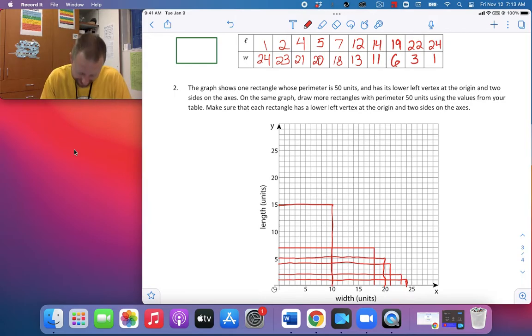12, 13 is our next one. So there's 10, 11. Here's 12. Ooh, too long. So what we got? Here's 10, 11, 12, 13. Got that one. 14, 11. That one's off a little bit. I don't like that.